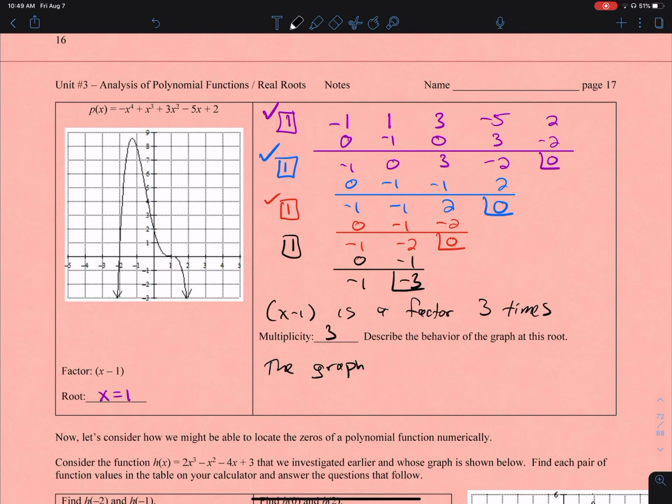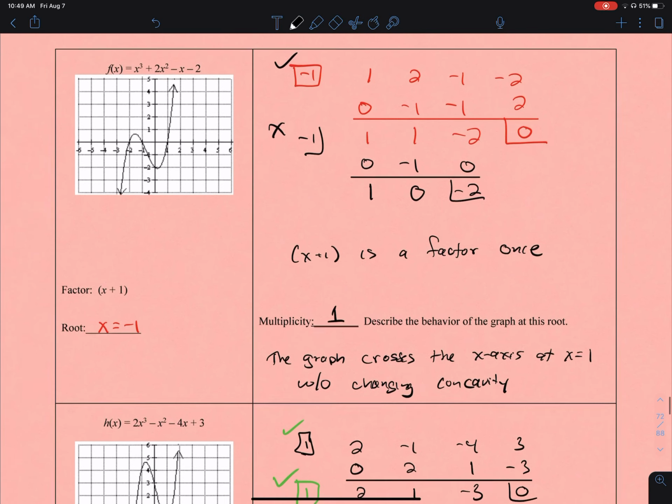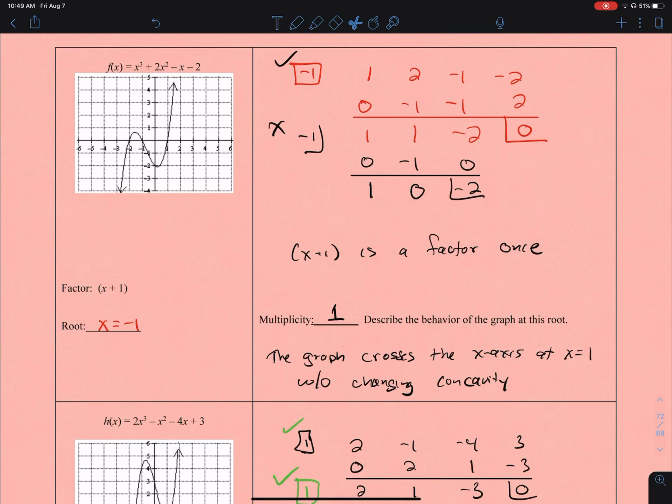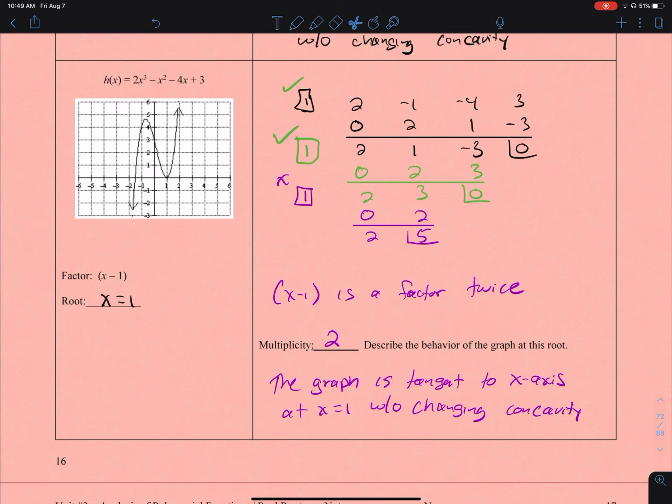You know what? I want to go back and fix something here. I wasn't specific when I said the graph. We need to name the graph each time. That is a really important thing. The graph f of x. The graph h of x.